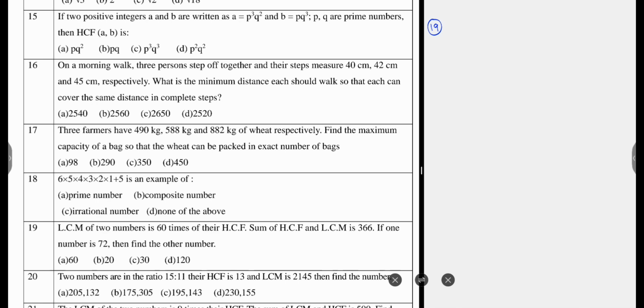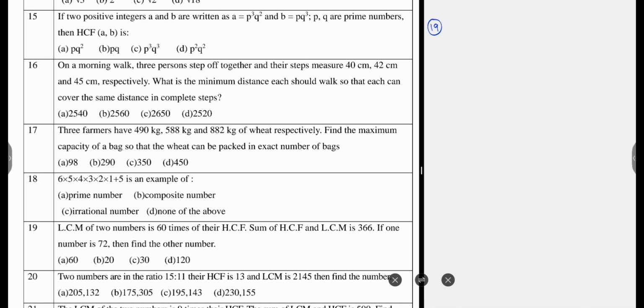Question number 19. The LCM of two numbers is 60 times their HCF, and the sum of HCF and LCM is 366, and one of the numbers is 72. Then find the other number.